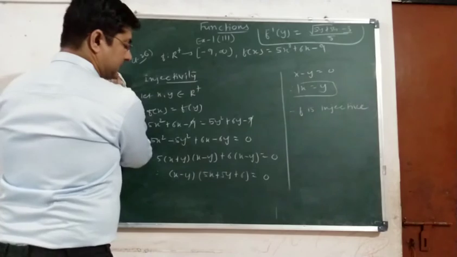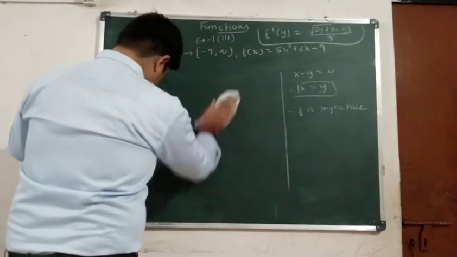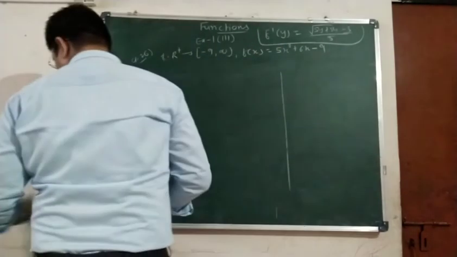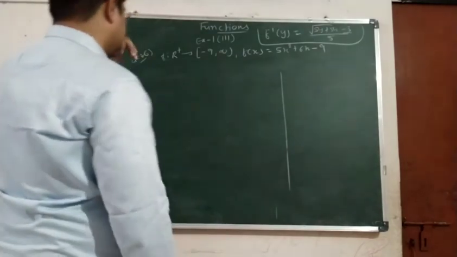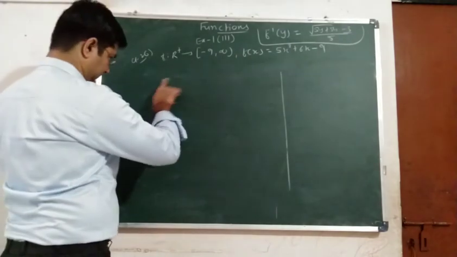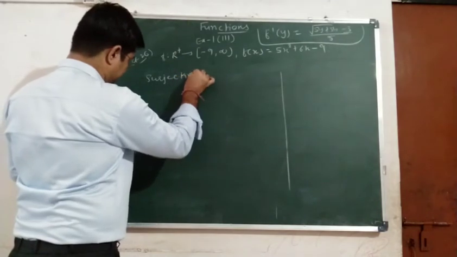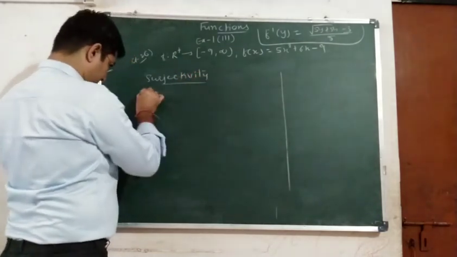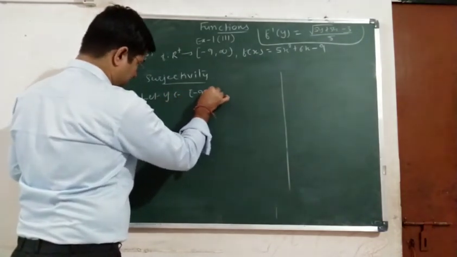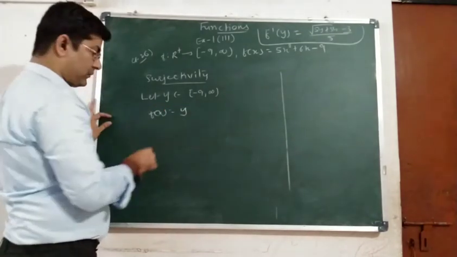Okay, now let us check surjectivity, that is ontoness. Okay, here let y belong to codomain such that f of x is equal to y.